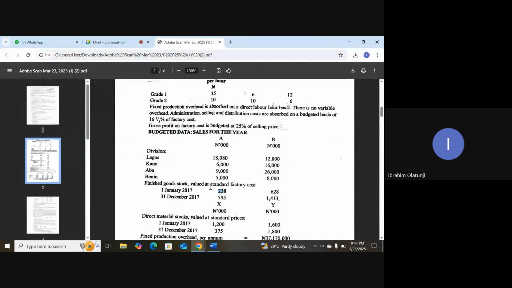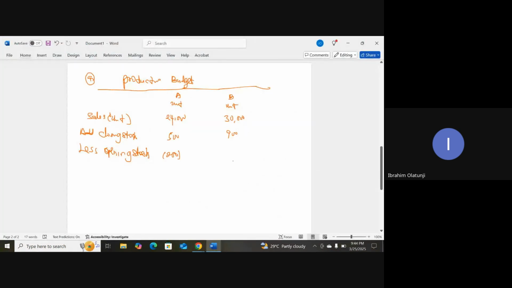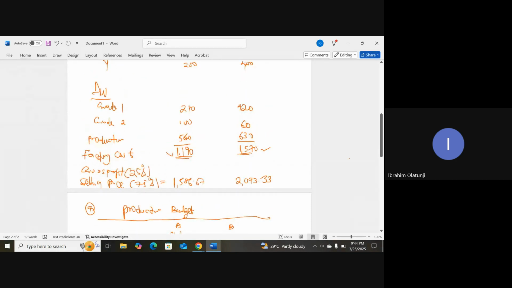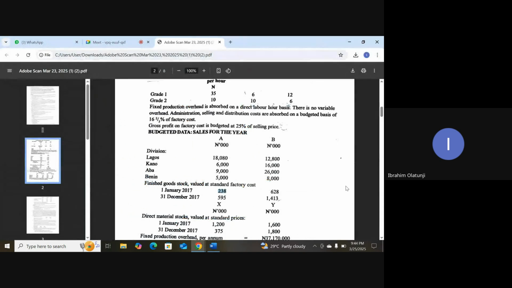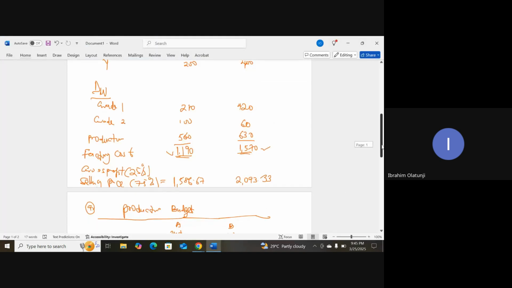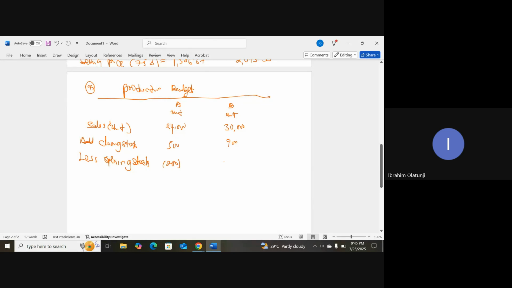Then we move to B. 628,000 divided by the factory cost of B, which is 1,570. We have 400.